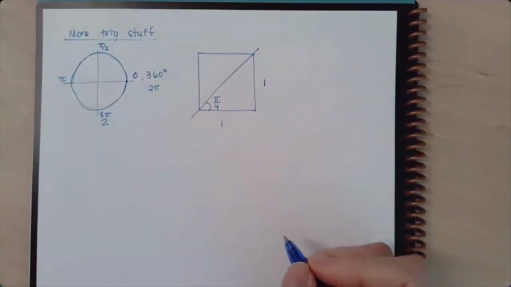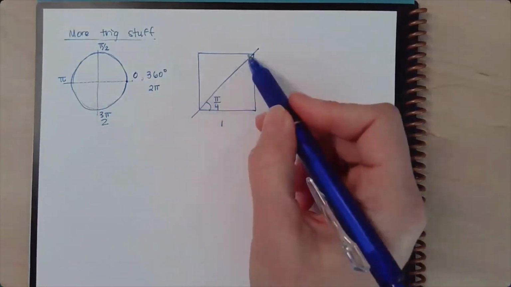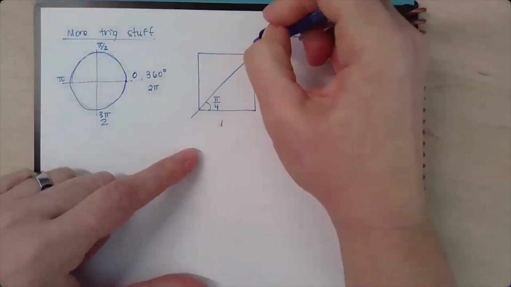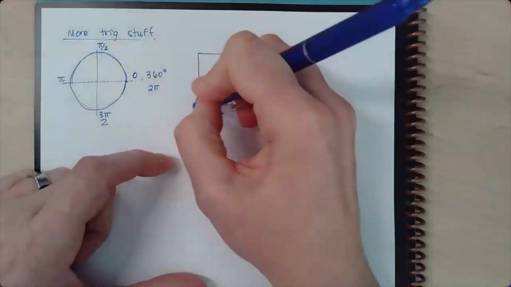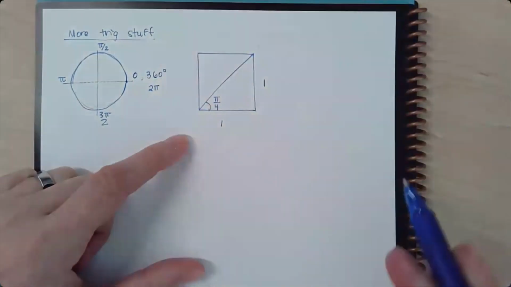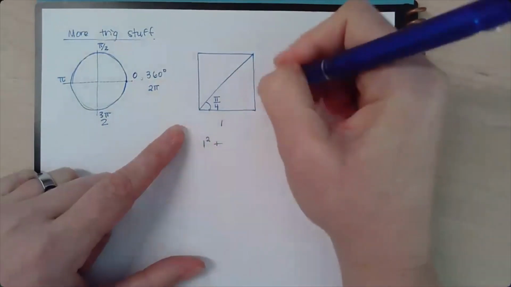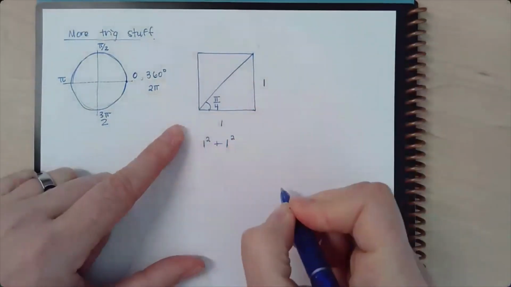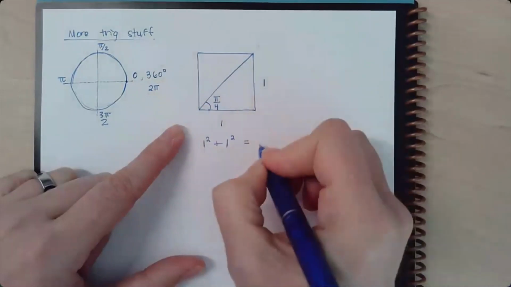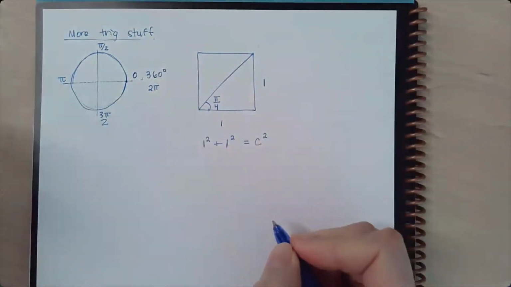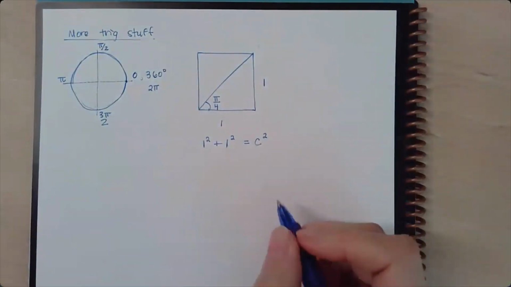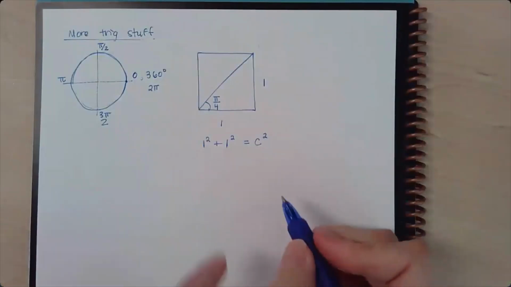And I can use the Pythagorean theorem to come up with what the hypotenuse is. Pythagorean theorem says 1 squared plus my other 1 squared has to be equal to the length of that hypotenuse, not hypothesis, the length of my hypotenuse squared.